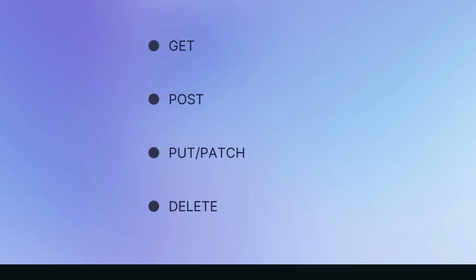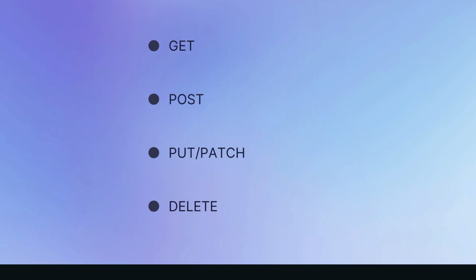And then you also have this delete method, which kind of says what it is on the tin, right? In the ATM, it might be delete my credit card, so it'll block my credit card so it can't be used. Now, you don't need to memorize these, but you may come across them when you're reading through API documentation. So it's useful to just have a working understanding about what these are.